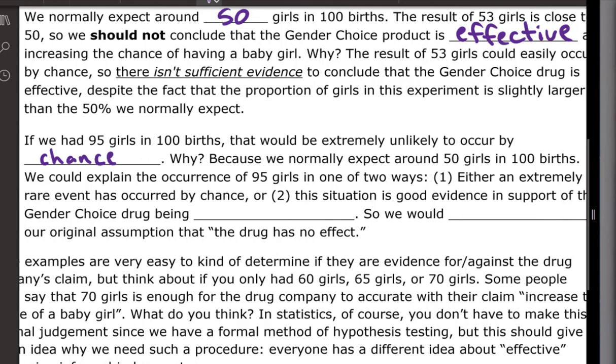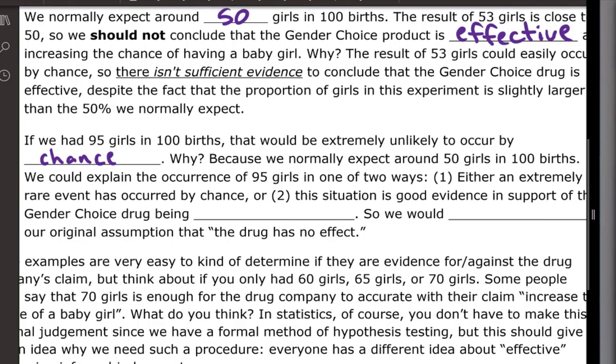You could have had a really rare event happen, so you can definitely explain it that way. But because of that rare event rule, we are rejecting that idea. That idea is what we're going to throw away, and what we end up doing here is we go with the alternative.